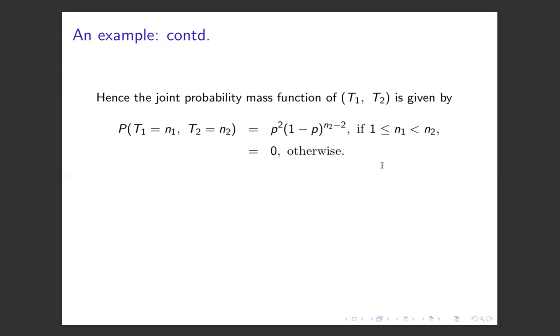In your earlier course also, you would have seen such examples where the random variables T1, T2 take values not in a rectangular kind of region, but it could be a triangular kind of region.